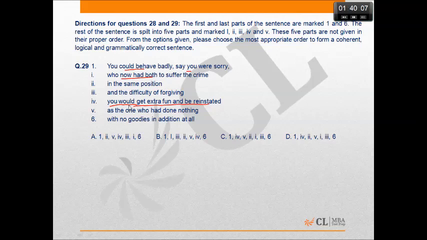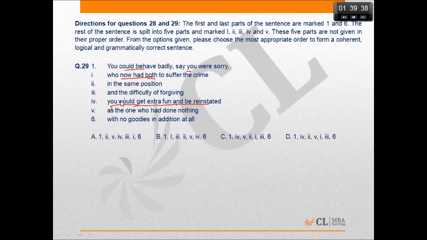Okay, and you'd get extra fun and be reinstated. Okay. And the difficulty of forgiving. Who now had to suffer both the crime with no goodies in addition to all. In the same position, not sure about it. This is confusing. You could behave badly, say you are sorry. Okay. You would get extra fun and be reinstated. In this, who now?